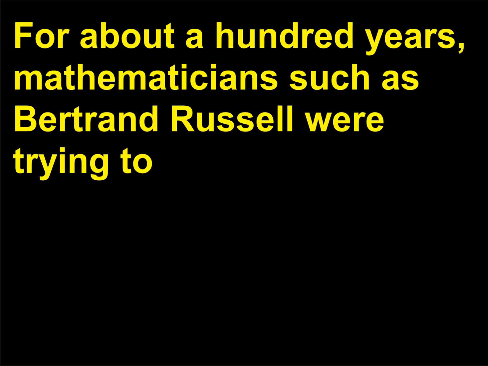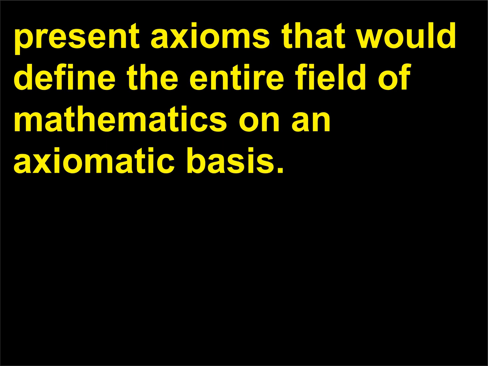Who was Kurt Gödel? For about 100 years, mathematicians such as Bertrand Russell were trying to present axioms that would define the entire field of mathematics on an axiomatic basis.